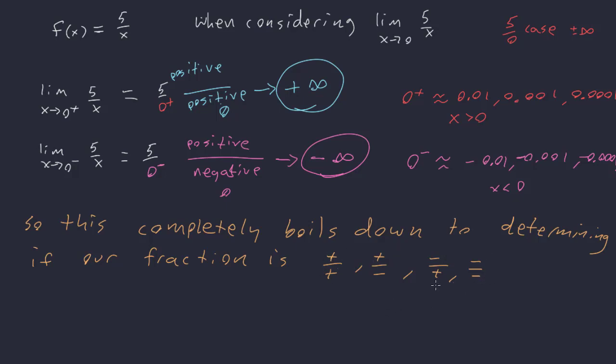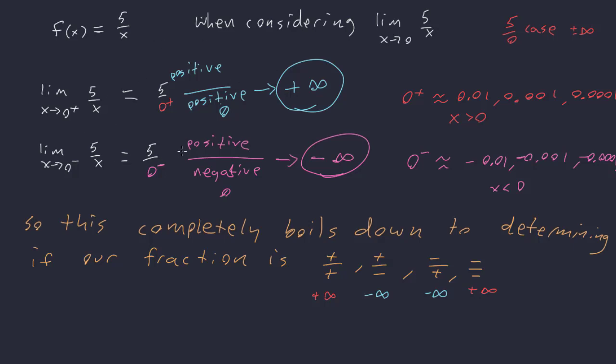These two will give me positives. These two in the middle here will give us negatives. So this would yield a positive infinity, and these two would yield negative infinity. And that's really all there is to it. We just need to determine which one it's going to be.